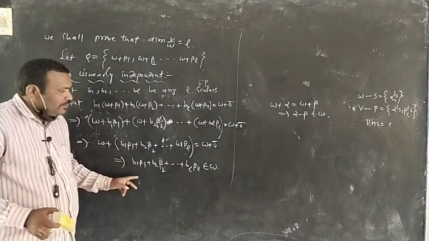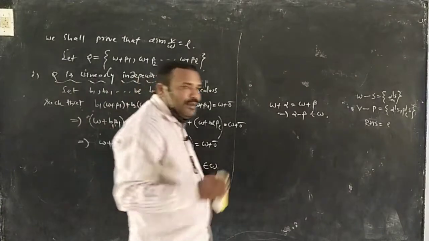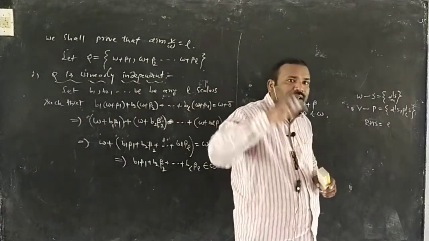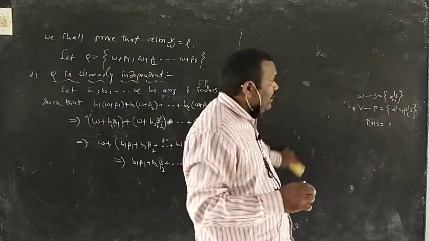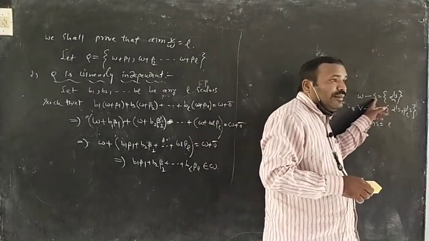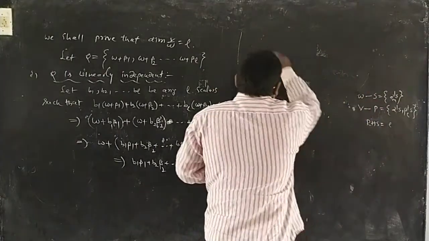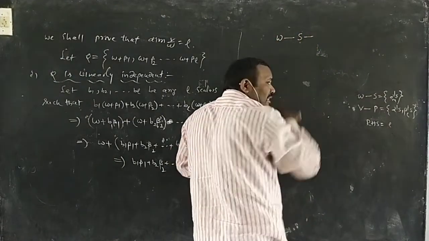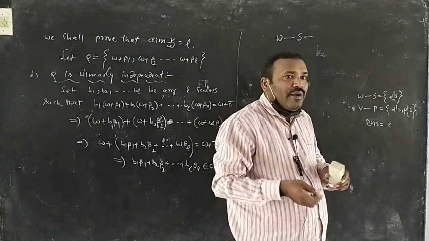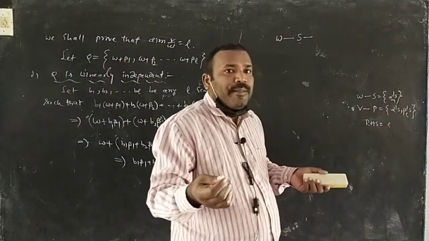What is W? W is a subspace. It has a basis. What is the basis of W? W is a subspace, it has a basis S. What are the vectors in S? Alphas. How many alphas are there? M alphas.